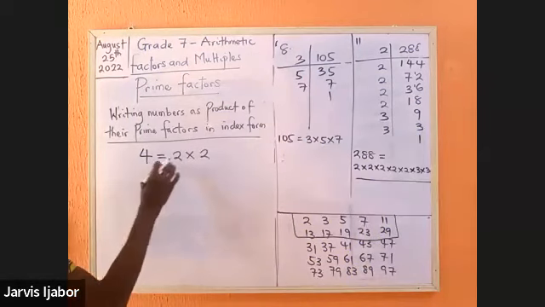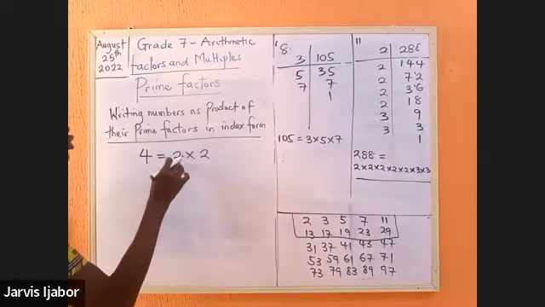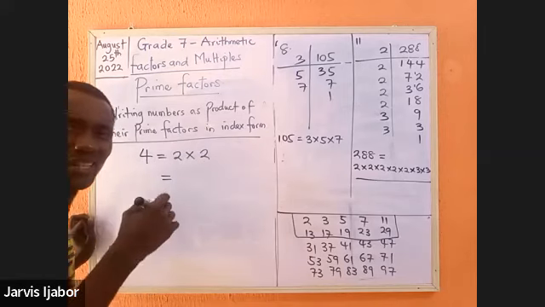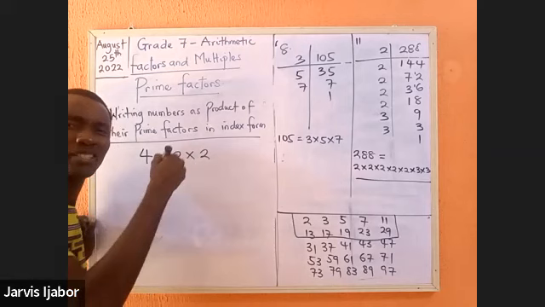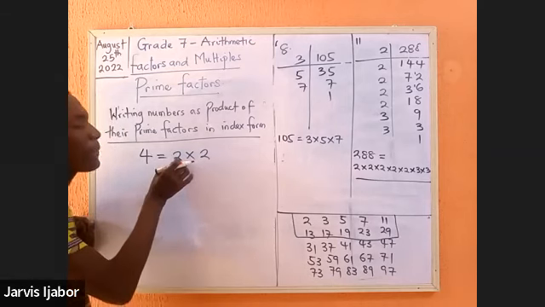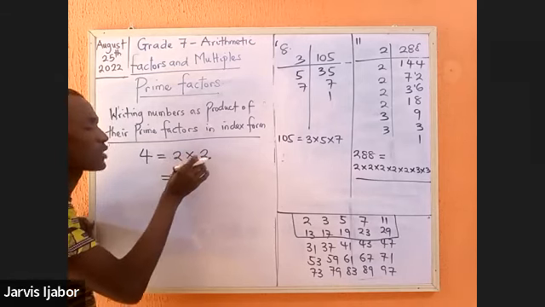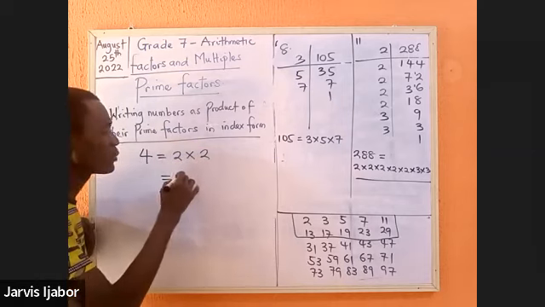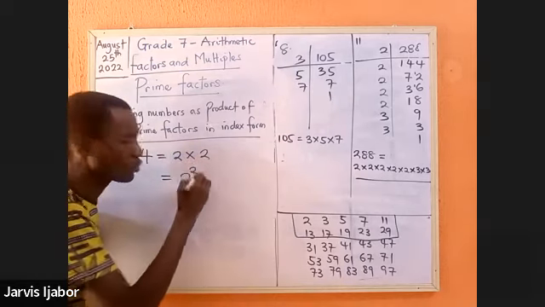So if 4 is equal to 2 times 2, it means that 2 is multiplied twice. We said an index gives us an idea of how many times a number is being multiplied. So if I pick 4 being equal to 2 times 2, I don't want to write it as 2 times 2. There's another way I can write it. It will be 2 index 2.